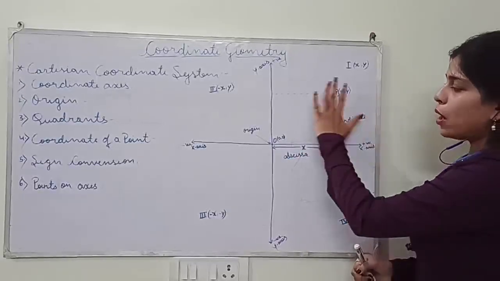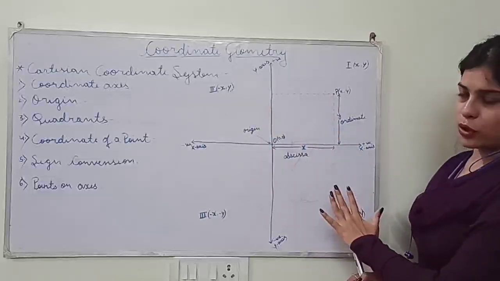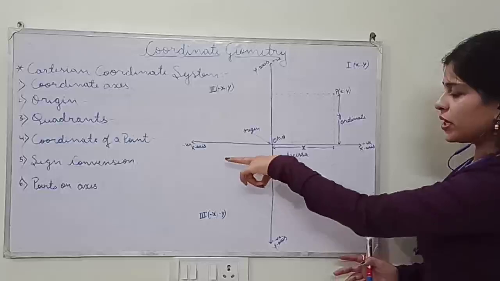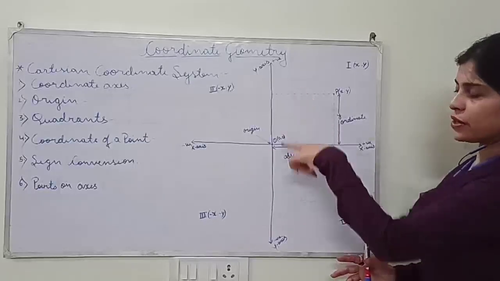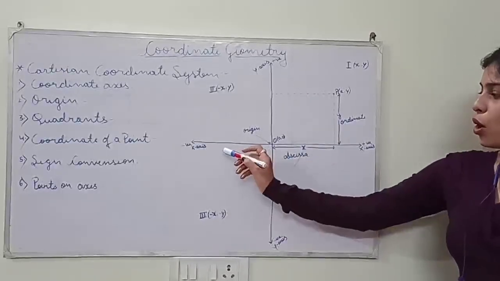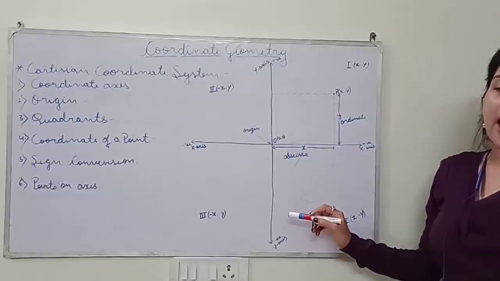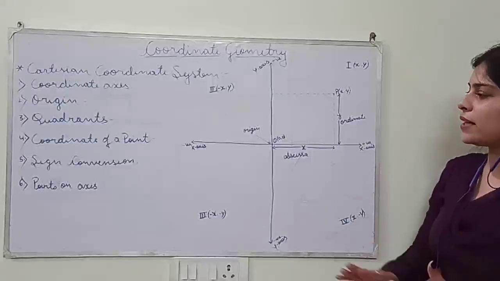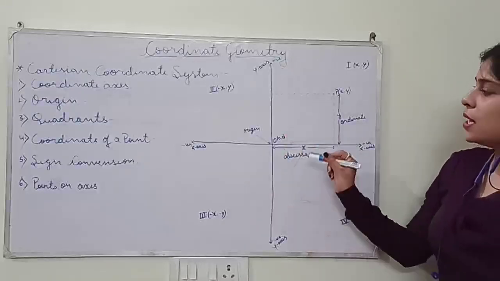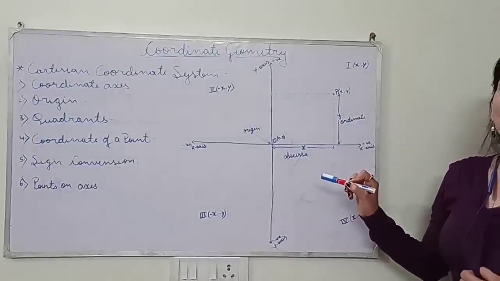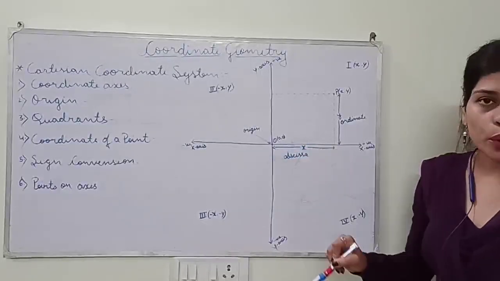This Cartesian plane includes two axes: the first is the x-axis and the second is the y-axis. The x-axis is horizontal and the y-axis is vertical, and these two axes intersect at some point which is called the origin.